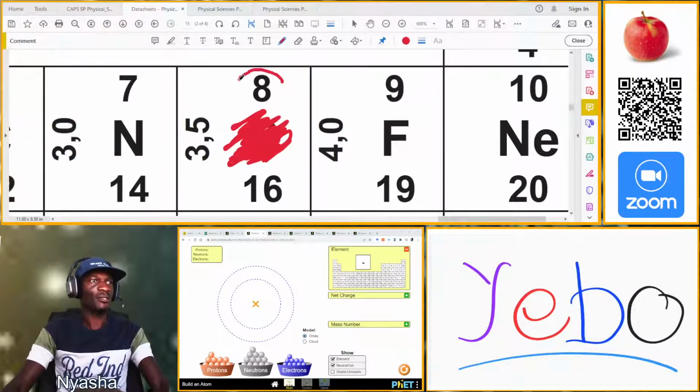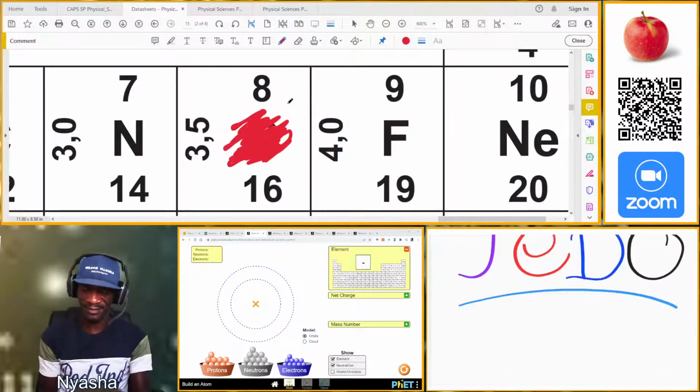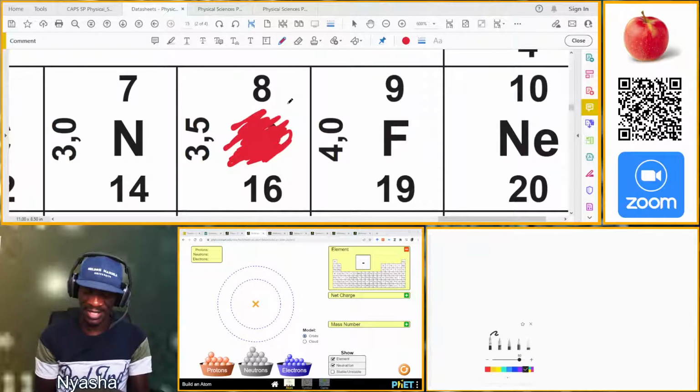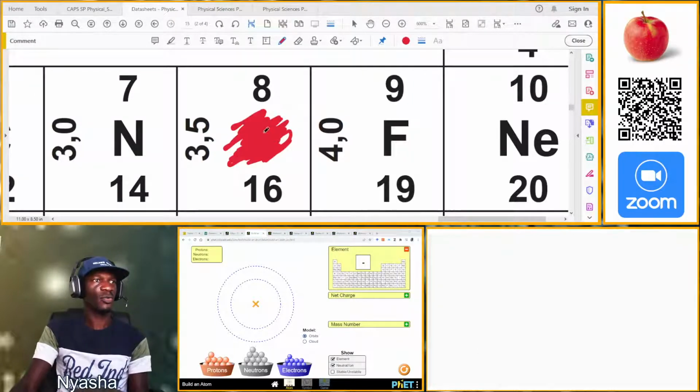When we are looking at this atom, it has this atomic number. What does atomic number represent? So this is our atom that we have been given in this question. We do not know which element it is.